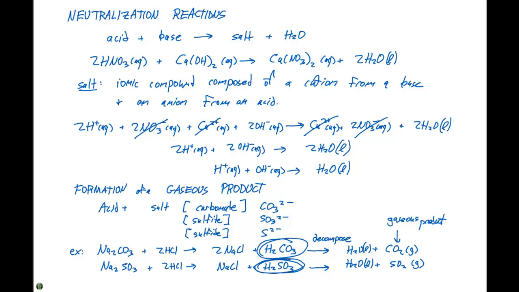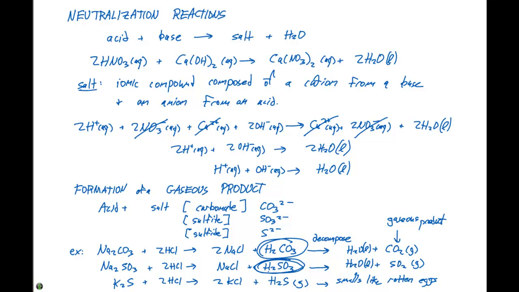The last example that I'll give is potassium sulfide, which is K2S, plus 2 equivalents of HCl, giving us 2 KCl plus H2S. H2S in this case is the gaseous product, and the evidence of this is that it smells like rotten eggs.